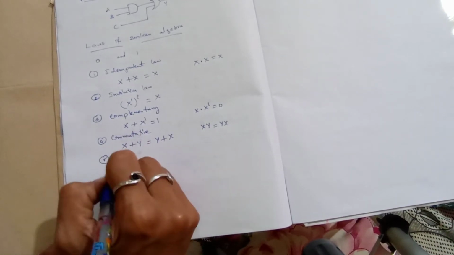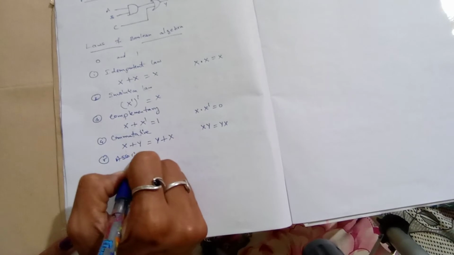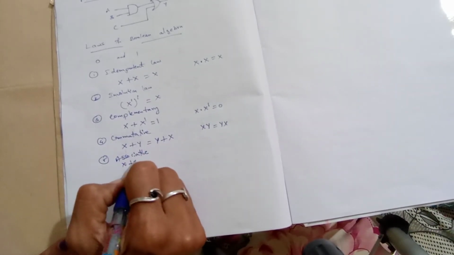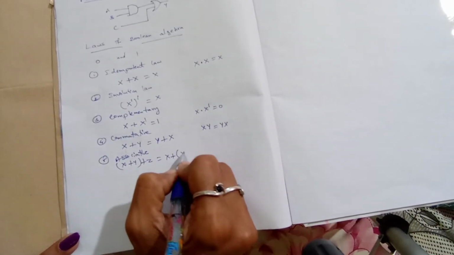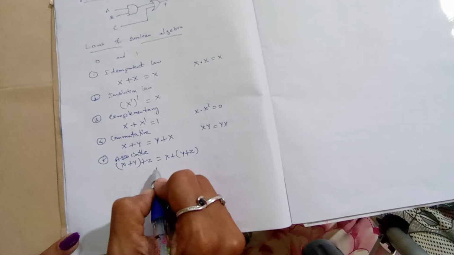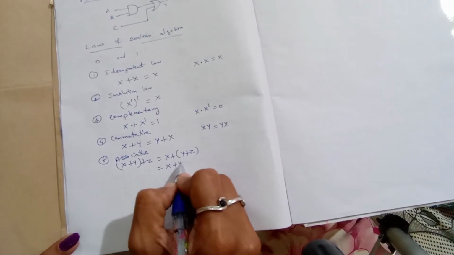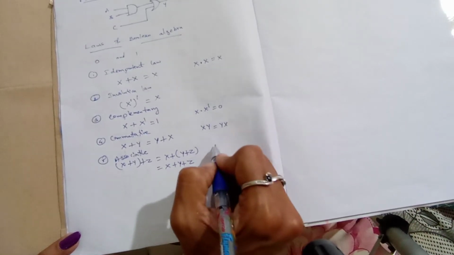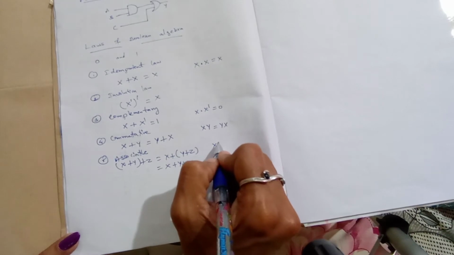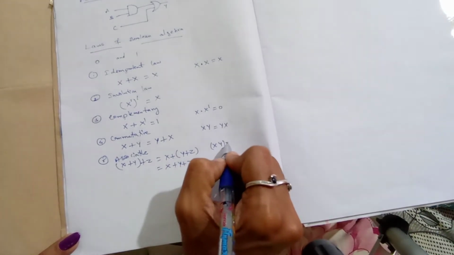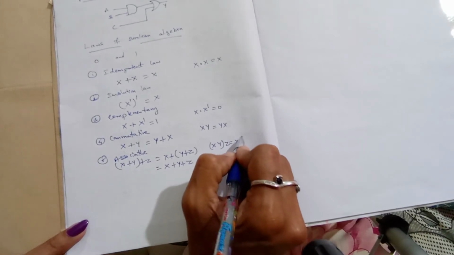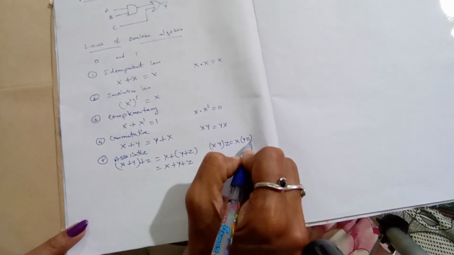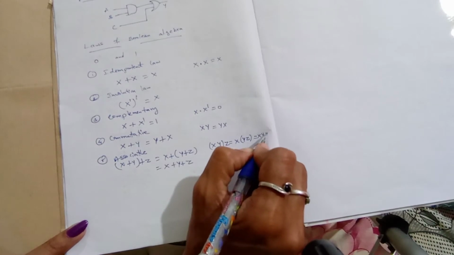Associative law. x plus y plus z is equal to x plus y plus z, grouped either way. Same when you apply AND, xy and z is equal to x into yz, or this is also equal to xyz.